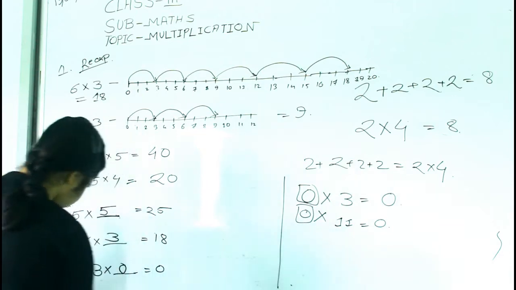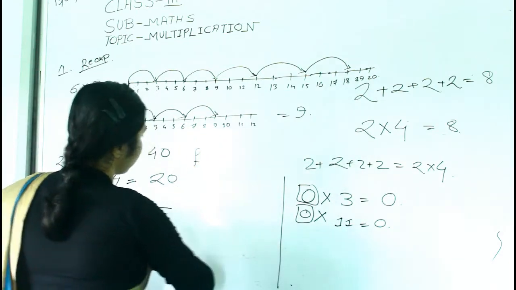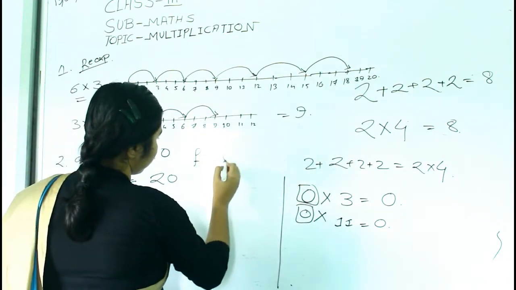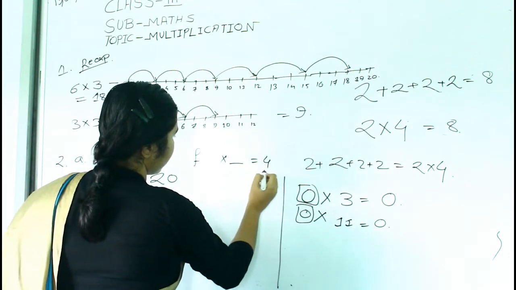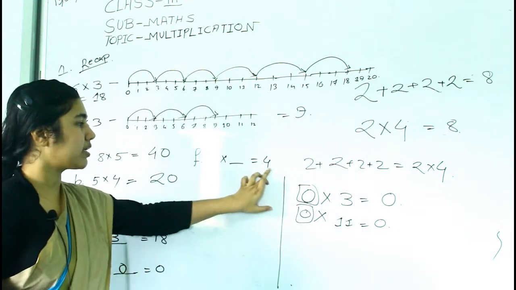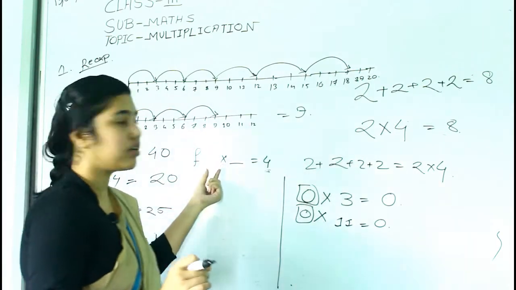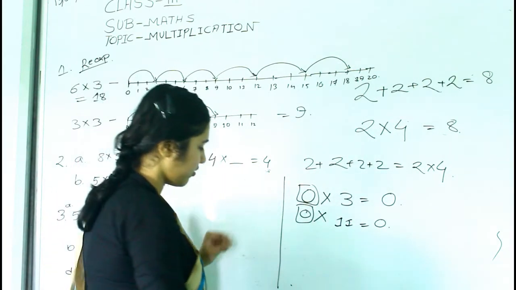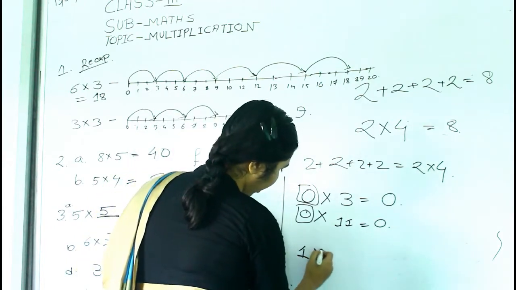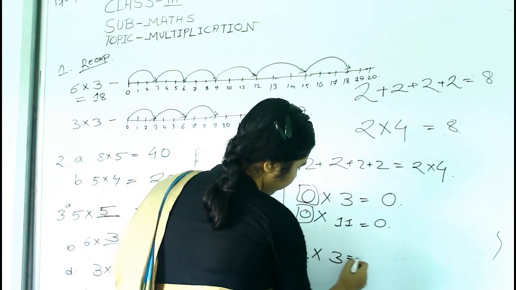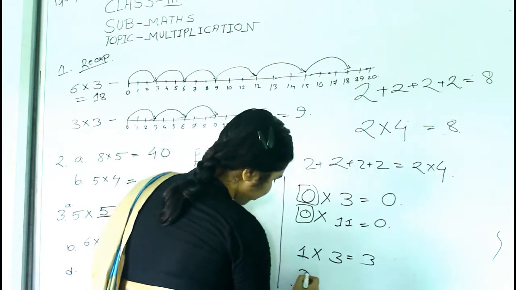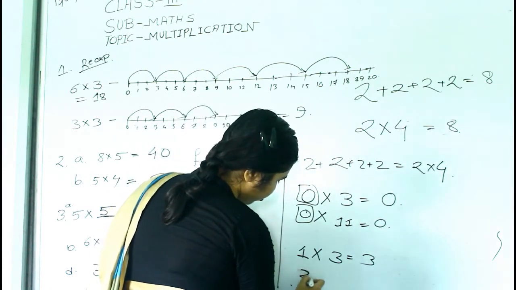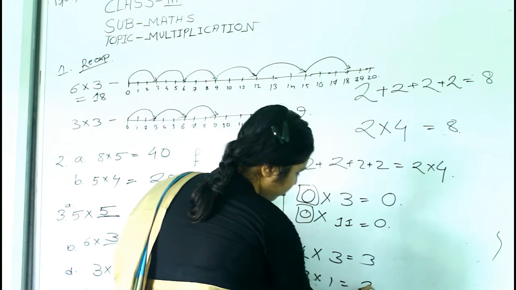And if we multiply any number with 1, then we will get the number itself, which means if we multiply 1 with 3, we will get 3. If we multiply 2 with 1, we will get 2.